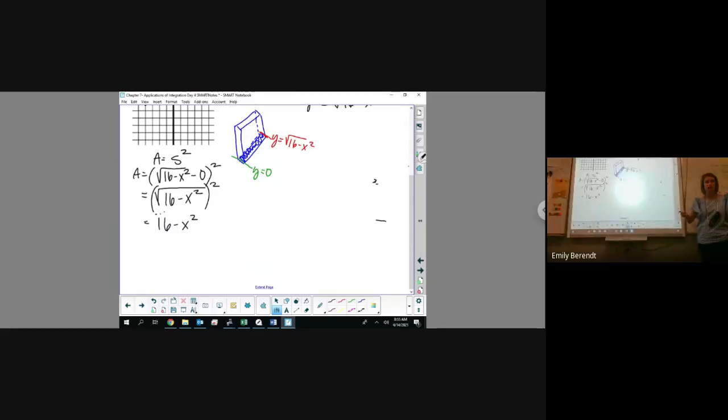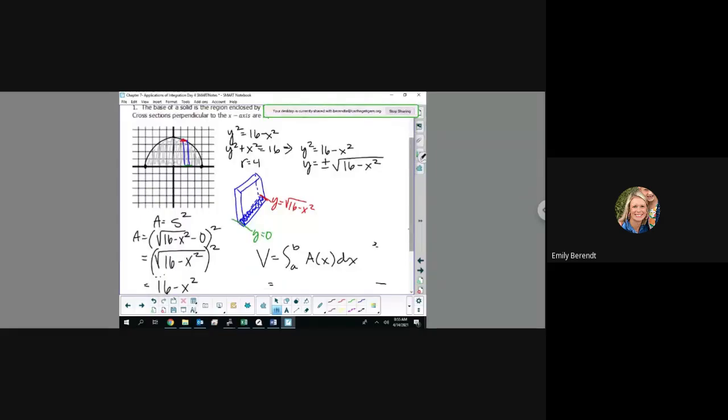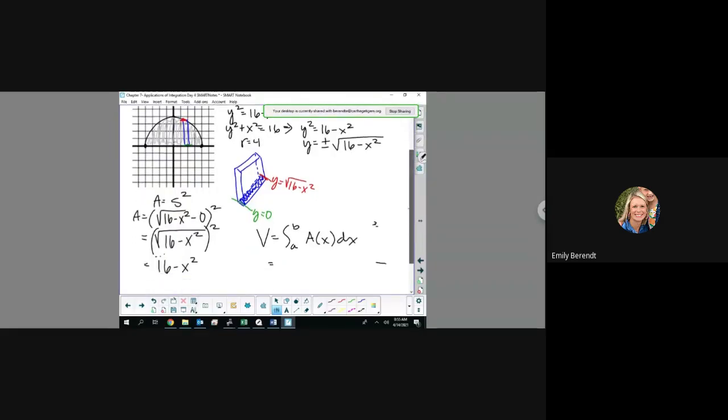And now we're going to use this in the volume formula. So your volume, a to b of A of x dx. So we need our bounds. We are stacking or filling those squares between what x values? -4 to 4, because of the radius of our circle.